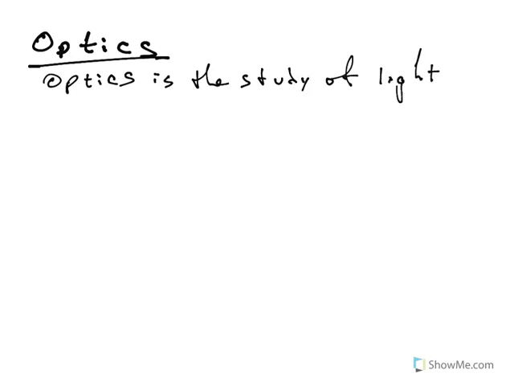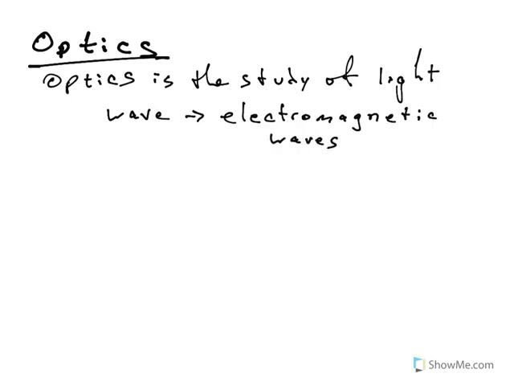Light is a wave, and specifically it's an electromagnetic wave, which means it's composed of oscillating electric and magnetic fields. It propagates in a certain direction. In fact, it propagates in a direction that's always perpendicular to its electric and magnetic fields.